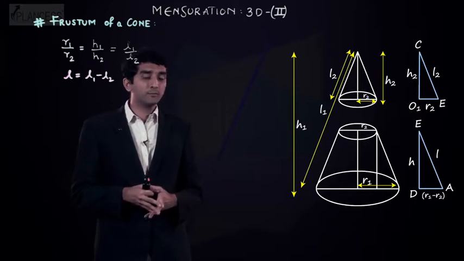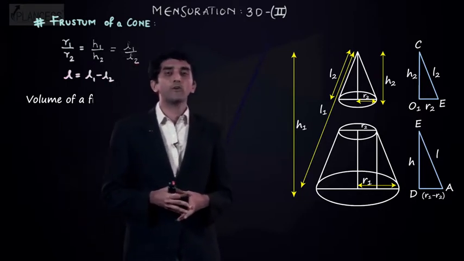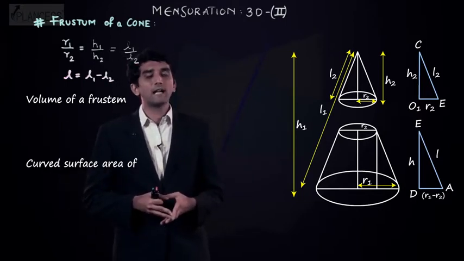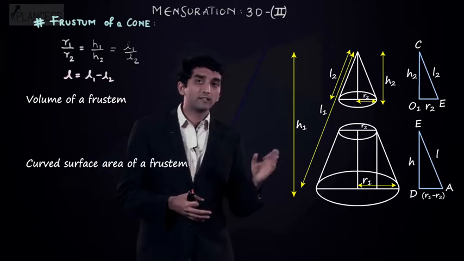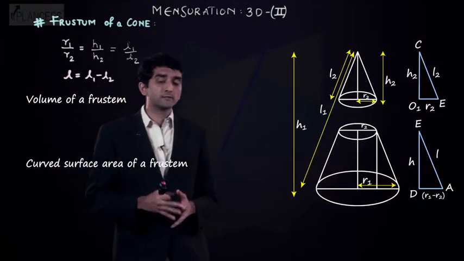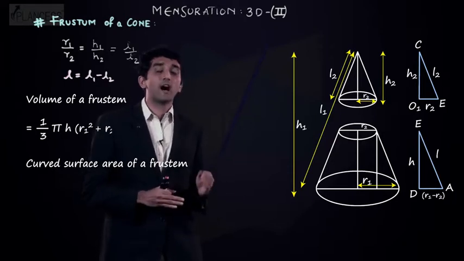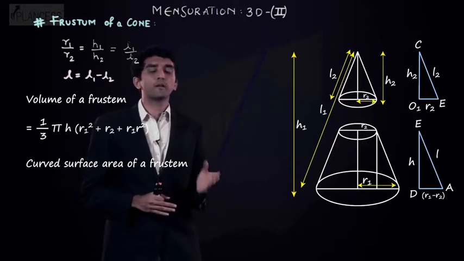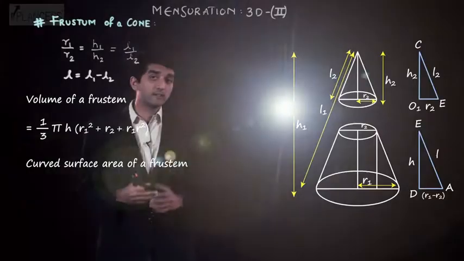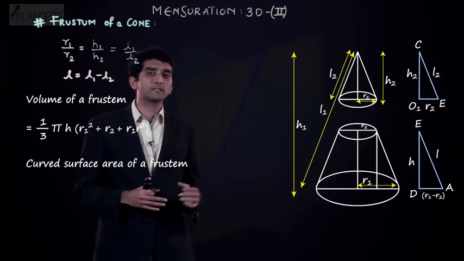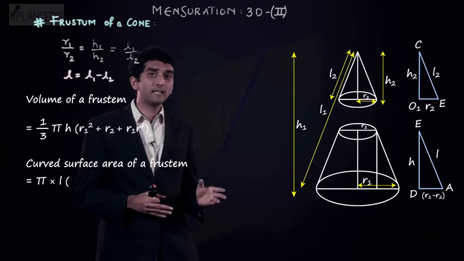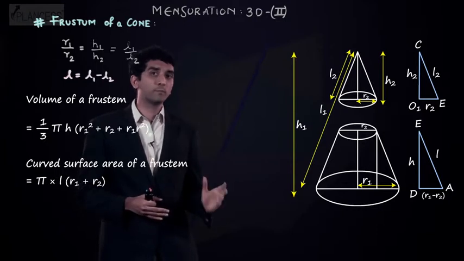But first let me give you the formulae of the volume of a frustum and the surface area of a frustum, and here they go. The volume of a frustum is 1 by 3 pi times h times (R1 square plus R2 square plus R1 R2), and the curved surface area of the frustum is nothing but pi into L into (R1 plus R2).